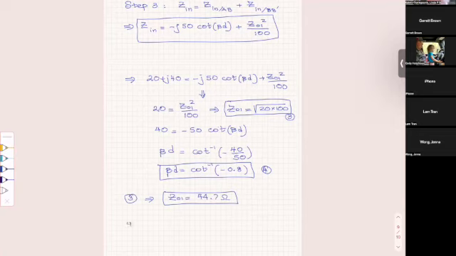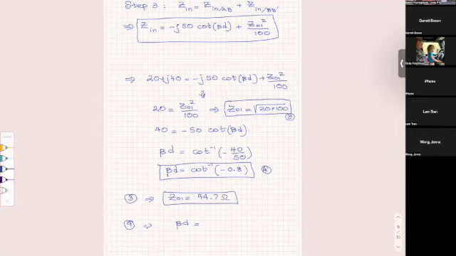And from 4, let's see. So inverse tangent of that, and therefore 1 over x. So from here, we find that beta D is, it's not in radians. Not exactly. So let me see, how much is cotangent of minus 0.8?